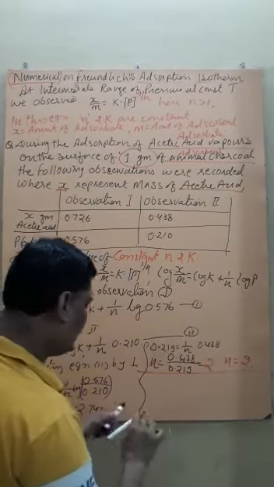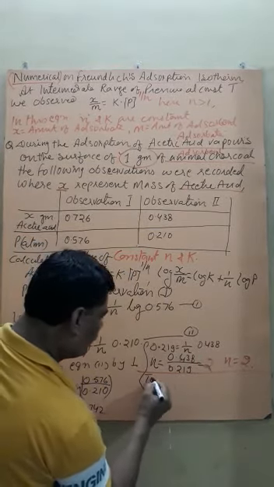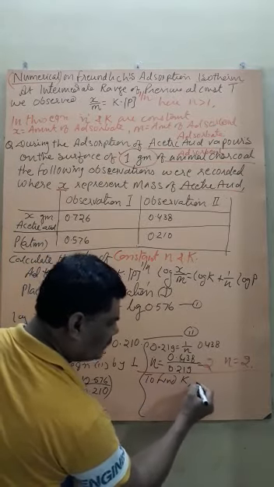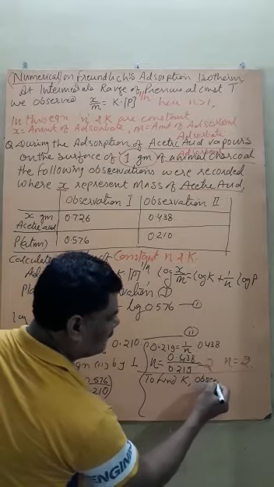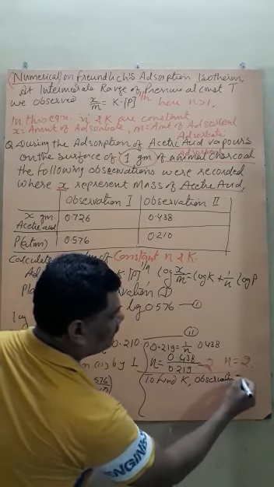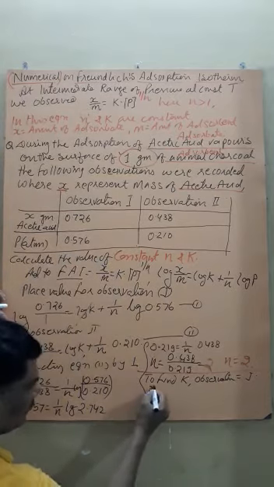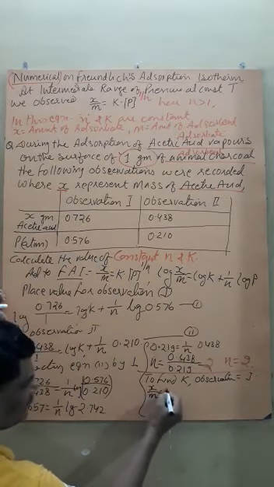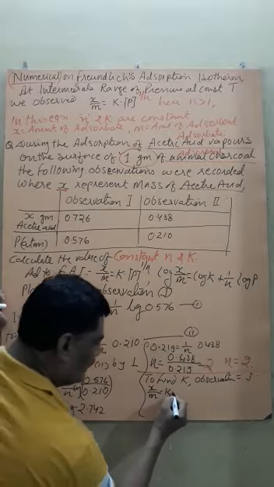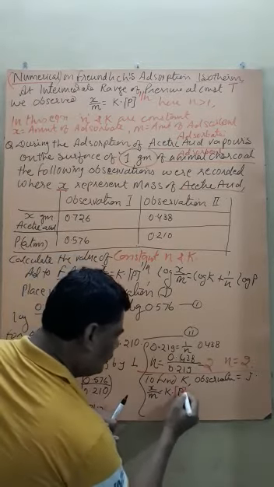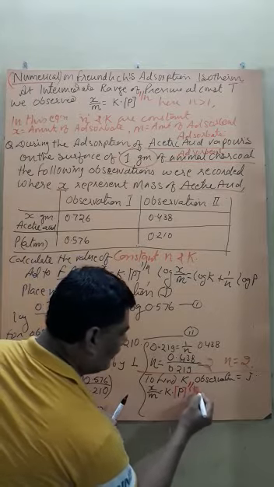Now to find K, you can take any observation. So we are taking observation number 1. So observation number 1, place the value now, X by M is equal to K into P to power 1 by n.